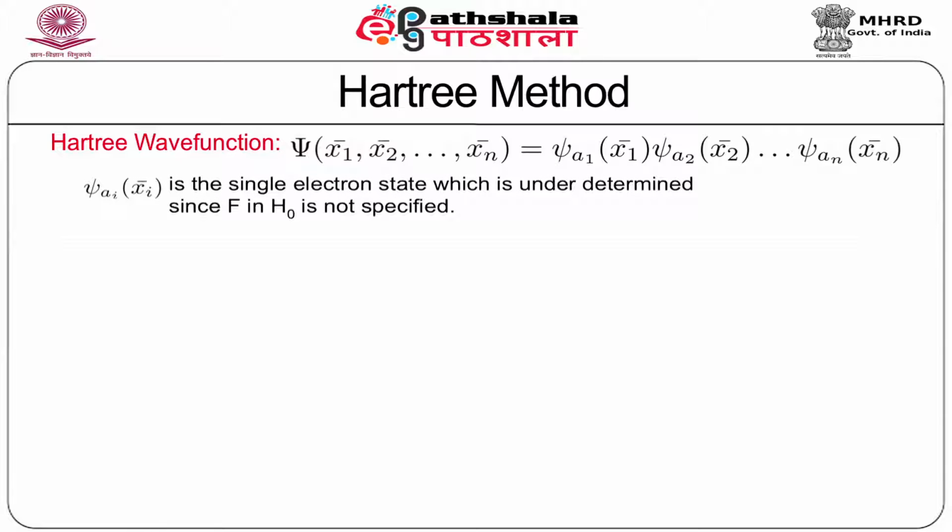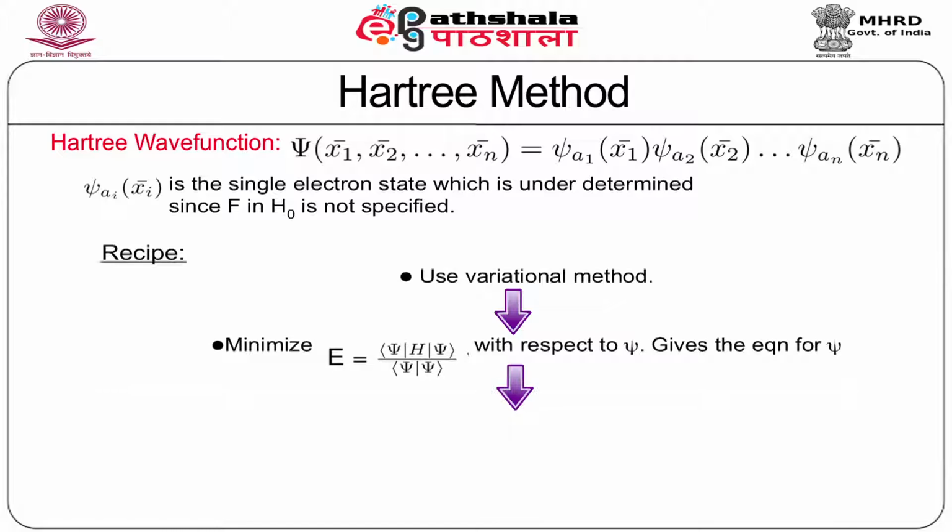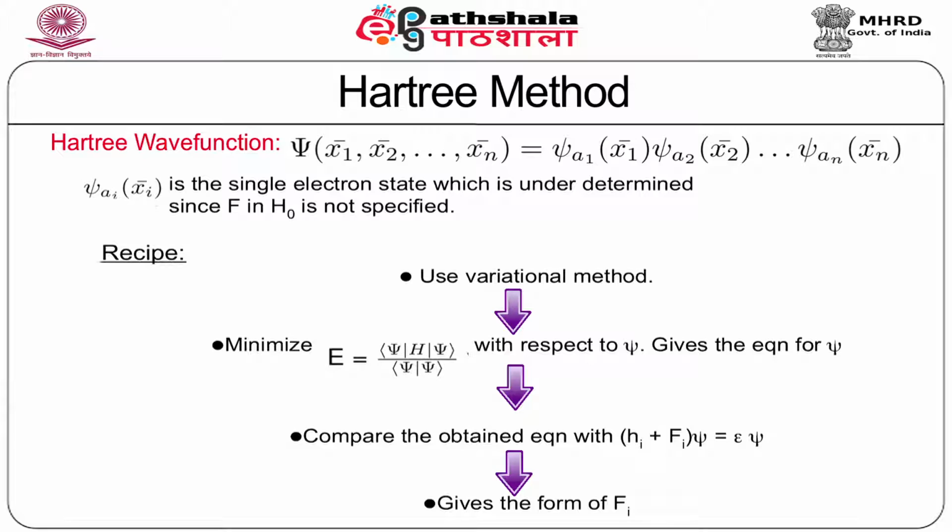However, this single electron state given by little psi a_i is in general underdetermined, since the term f in H0 is not specified. The prescription given by Hartree to determine f is the following: use the variational method, and minimize the energy with respect to the wave function psi.